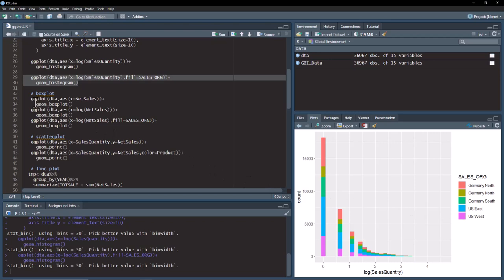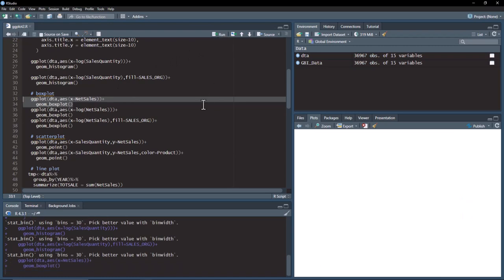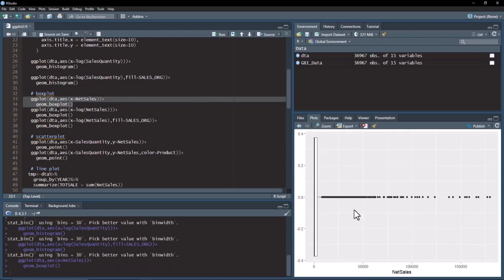Okay, next. A box plot is also another common way to look at outliers and understand the data. Here I'm going to do net sales rather than sales quantity, just so you can see what that looks like. And this geom_boxplot is the way to do the box plot. Normally a box plot has a square with lines on either side.